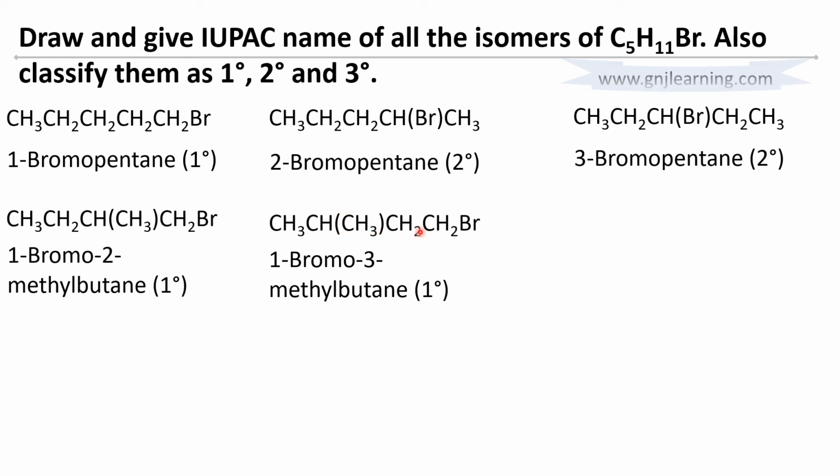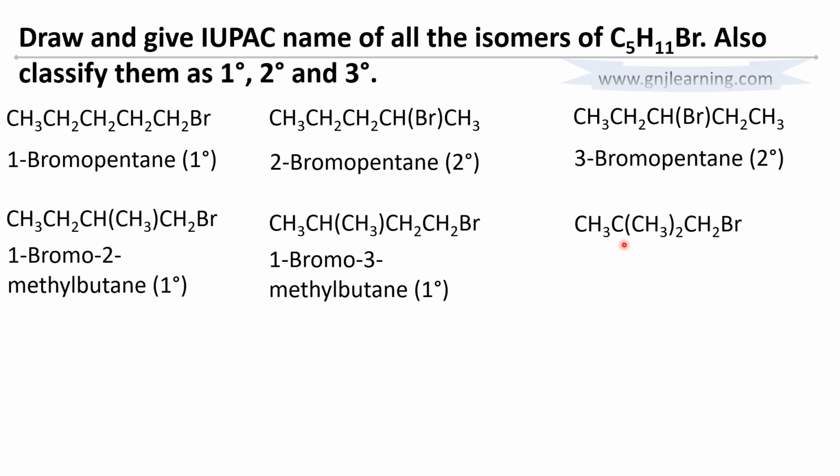Now I will start moving Br a bit. Let us see. I have made another CH3 branch, so instead of one CH3 I now have two CH3, one up and one down, replacing this hydrogen, and then I have CH2Br, which is another isomer.